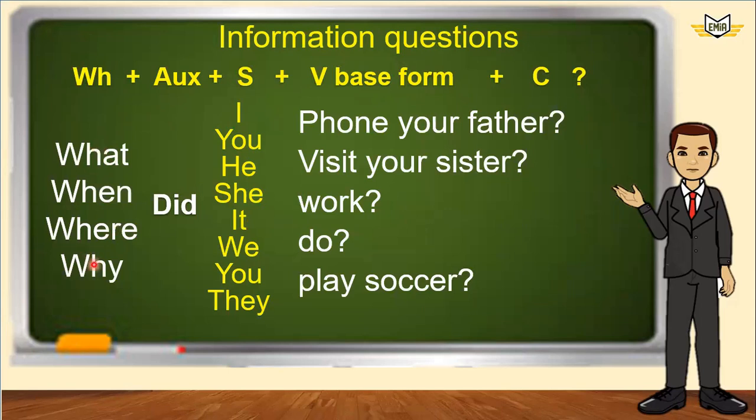If you don't know the meaning of the WH words, you won't be able to ask the information you need. For example, what did you do yesterday? Where did he play soccer last month?